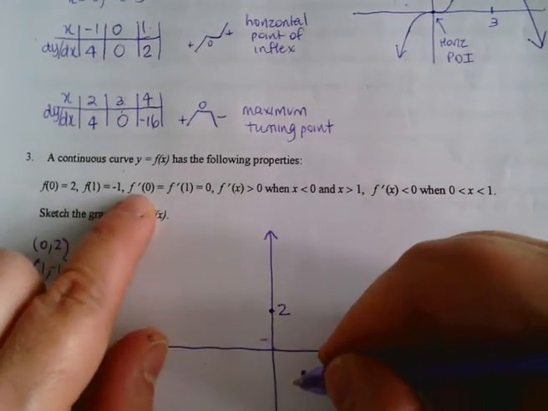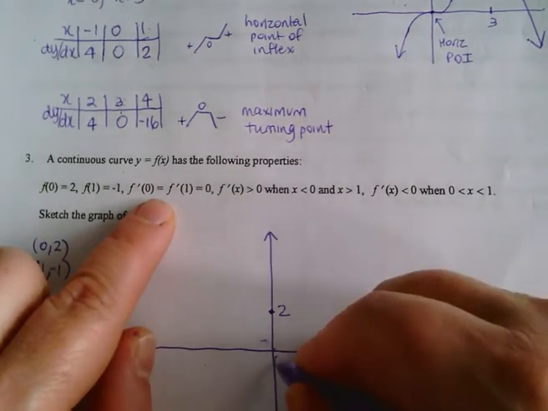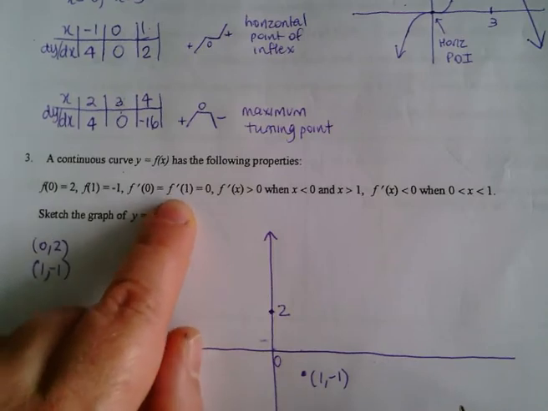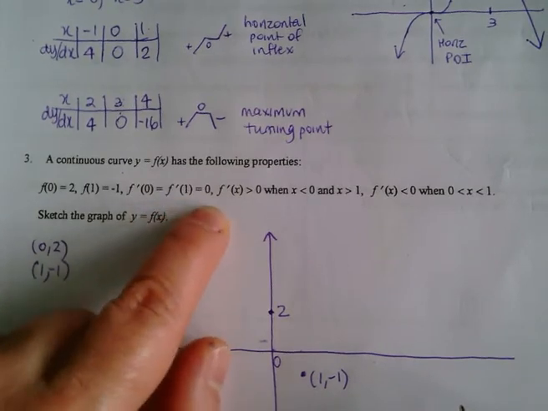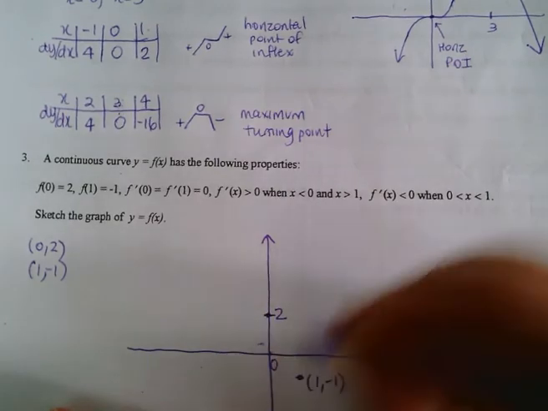I know that f dashed 0 equals, so this is 0. F dash 0, the gradient at 0, equals the gradient at 1, which is 0. The curve is flat there and here. Do you get that?